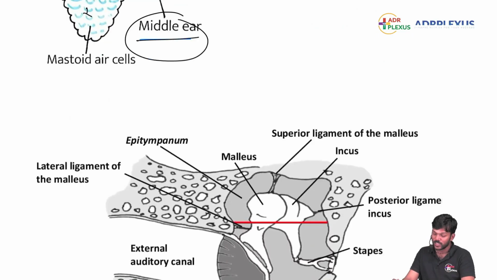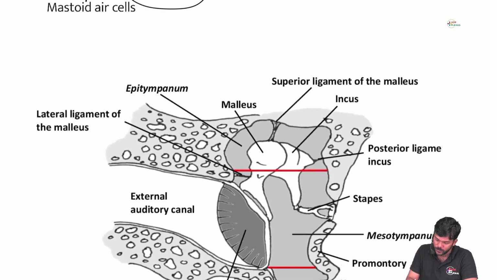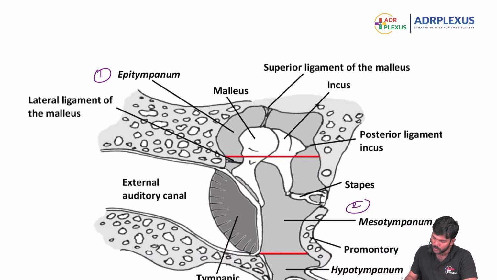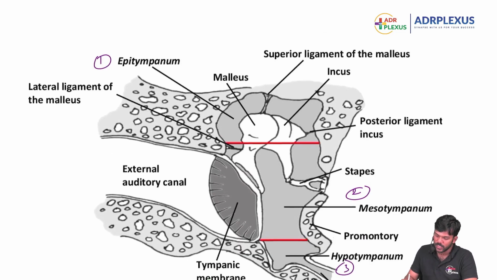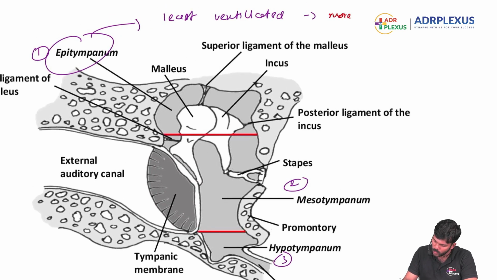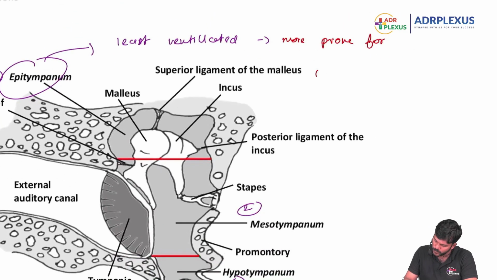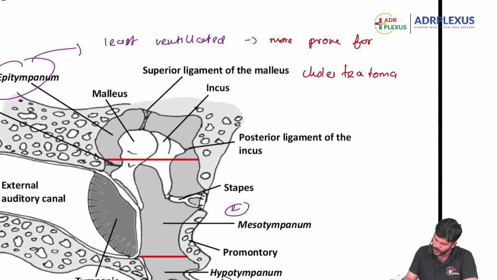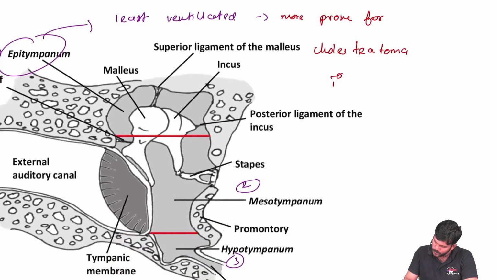So with that note, we could classify the middle ear into three structures: epitympanum, mesotympanum, hypotympanum. The epitympanum is the least ventilated area, more prone for cholesteatoma formation. Understood?